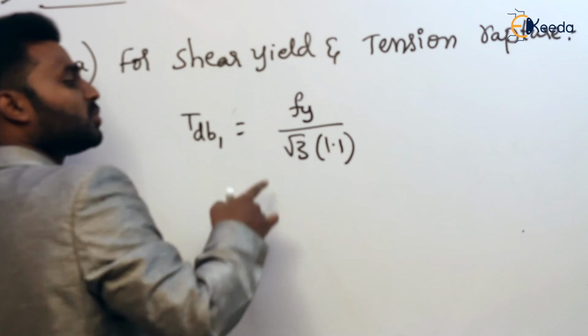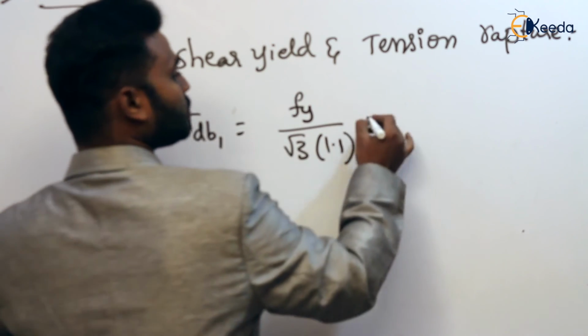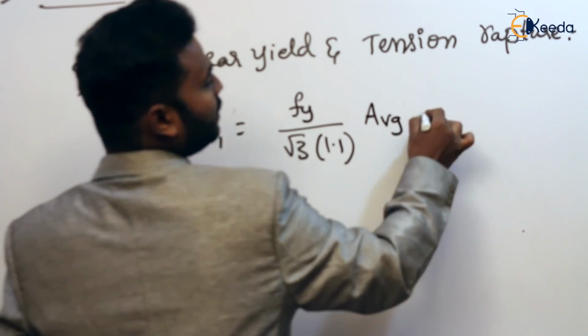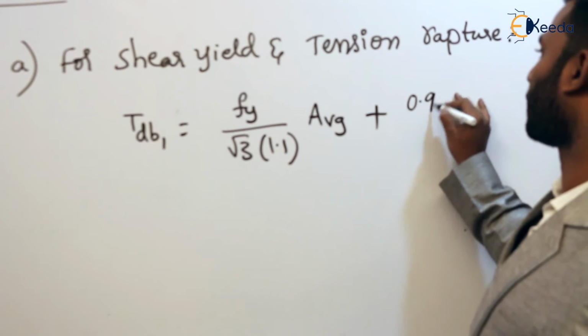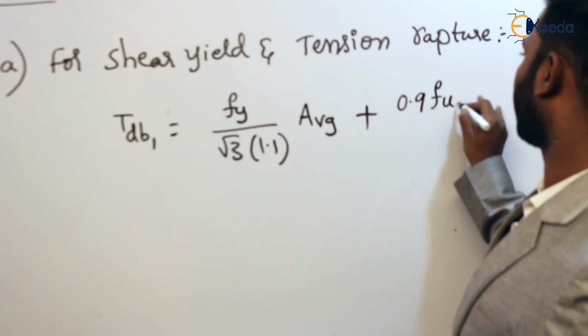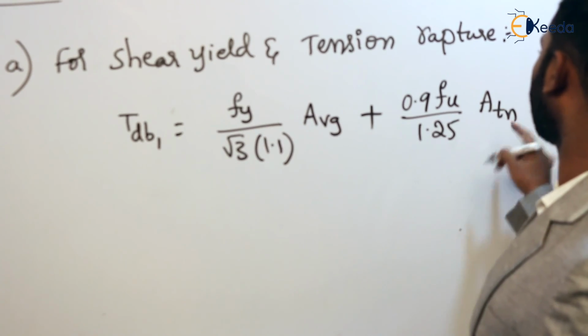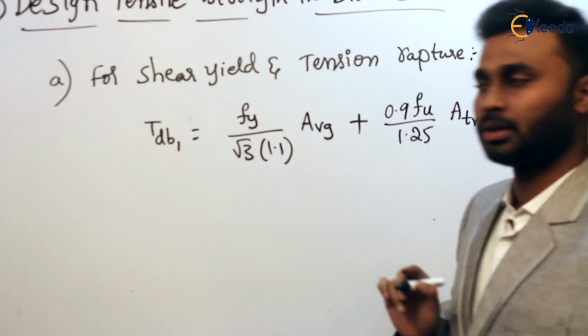So this is the permissible stress. As it is yielding, we have to use gross section, so Avg, gross area in shear. Next, for the tension rupture, 0.9 Fu by 1.25 Atn, net area we have to take. So this is the formula for shear yield and tension rupture.